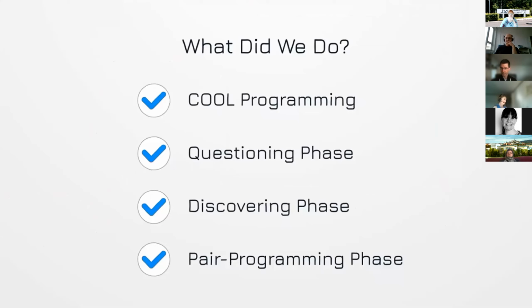Okay, what did we do in this course? We completely swapped the lessons to cooperative open learning programming. We divided the lessons in this Java development course into 3 phases: the questioning phase, the discovering phase, and the pair programming phase.